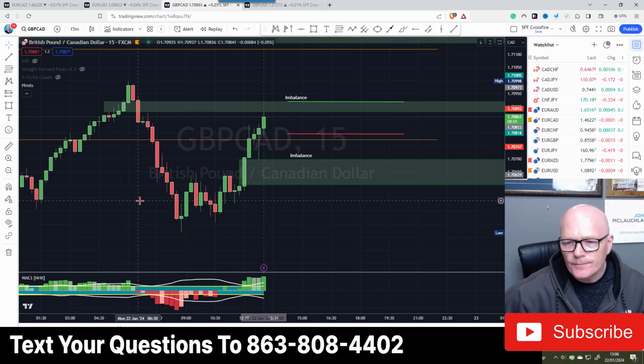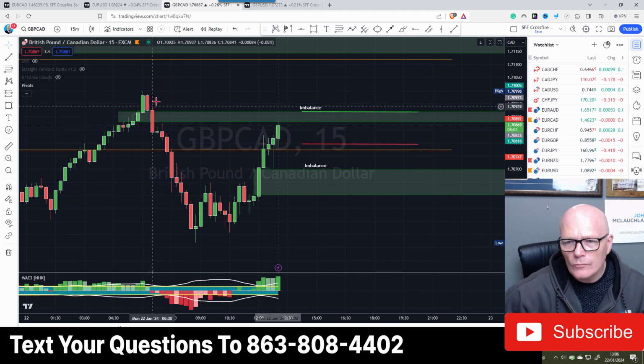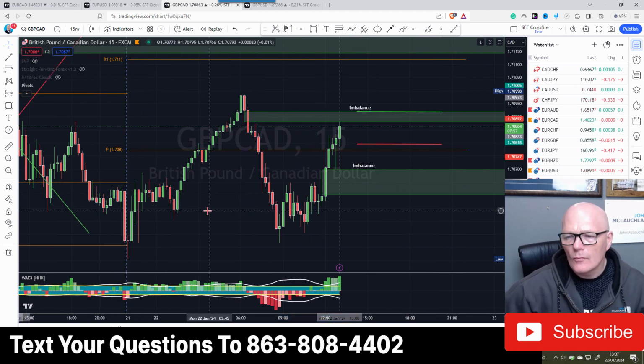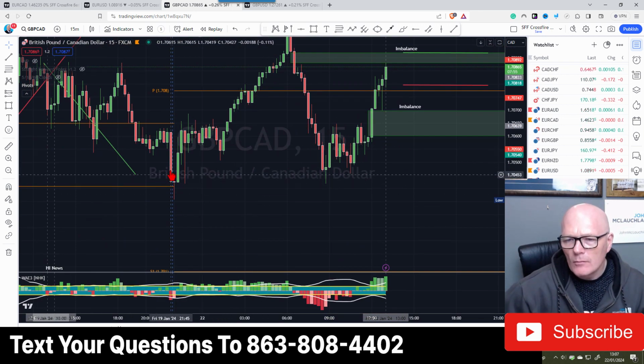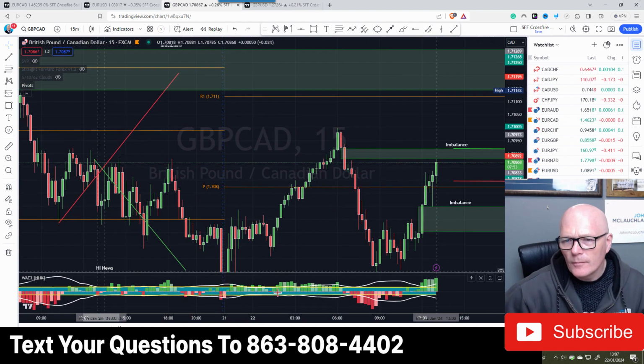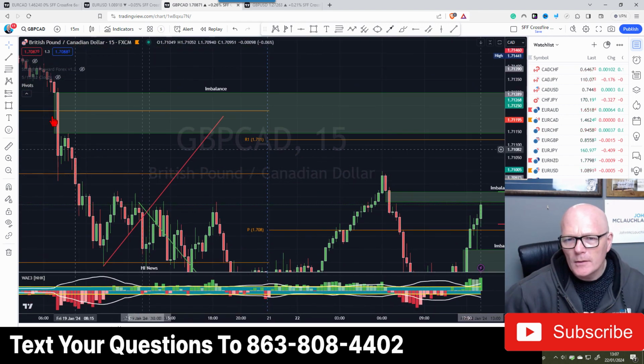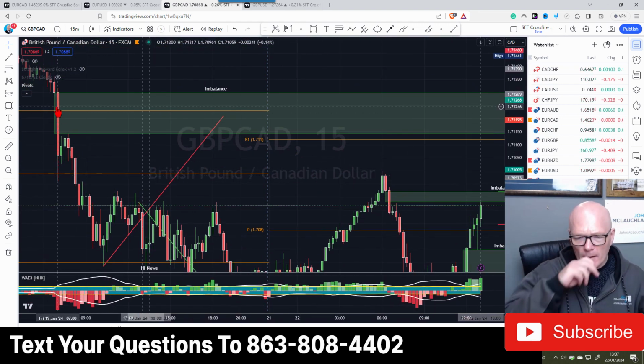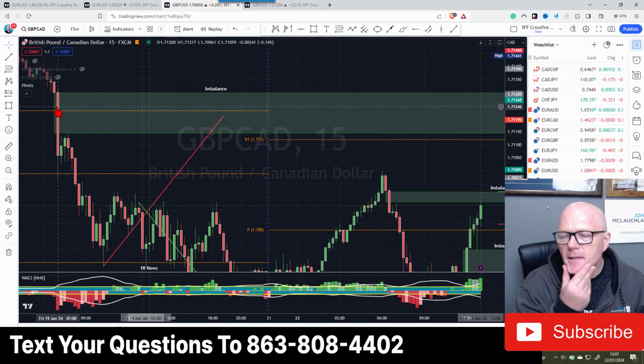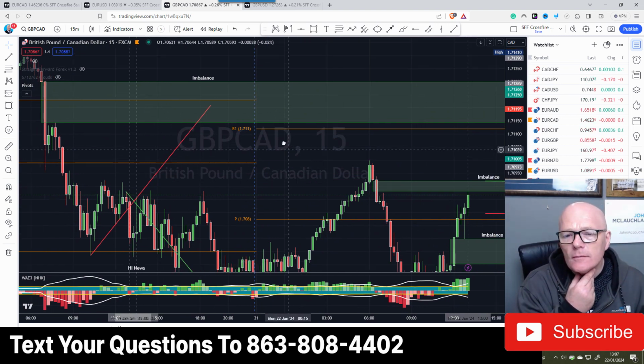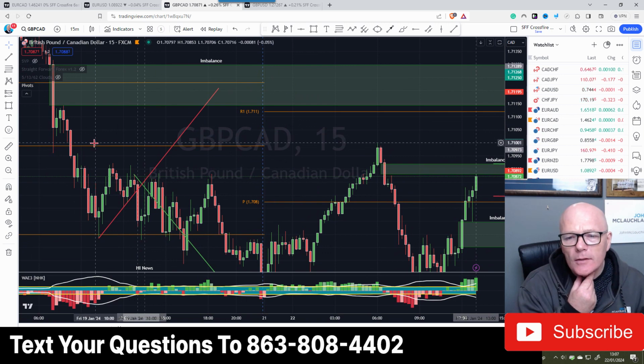That's gone. So nothing down there. Still got imbalance there, which is yet to be taken out from Friday. So that's there. So lots of interesting areas, interesting zones. There's a little bit there. Look, let's put that on.